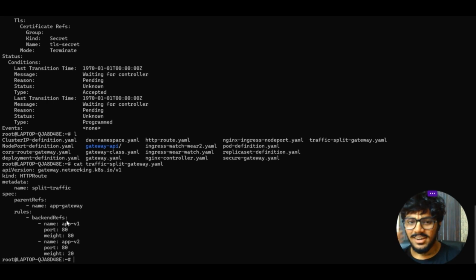We had two different backend services running in our application. First one of them is app V1 and the other one is app V2. We push them out of the same port number, but we assign them different weights. Like if the V1 application is handling 80% of the traffic coming into our cluster, then the V2 application will be handling 20% of it automatically. So that was all about the traffic split. Let's try to understand the code as well.